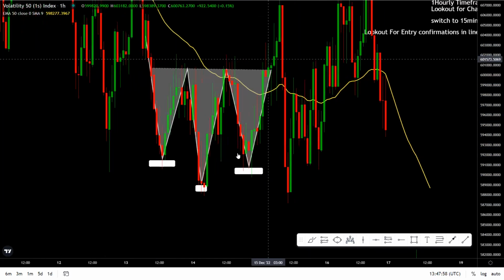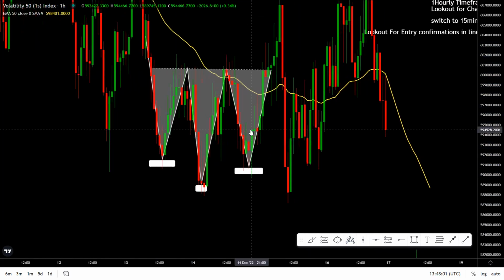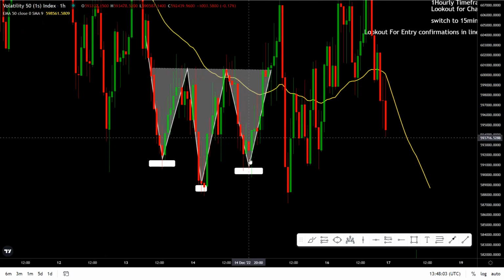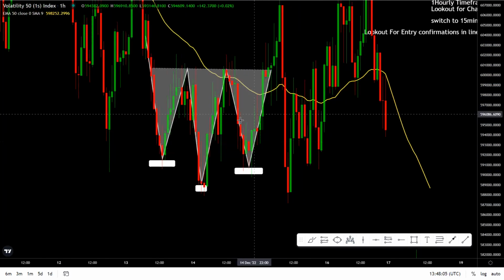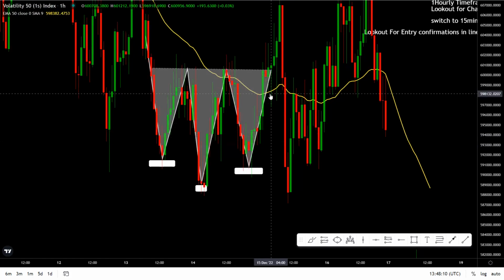So it was more like a potential inverse head and shoulder pattern, because I got in somewhere around the formation of the right shoulder.